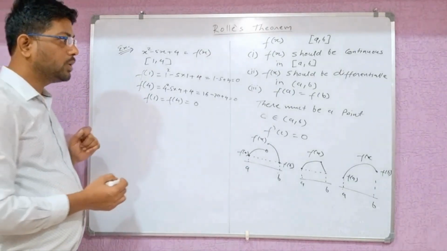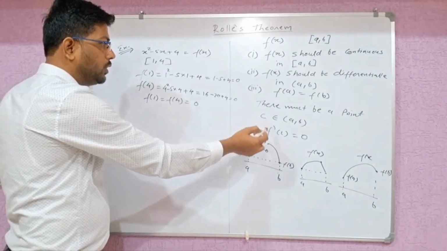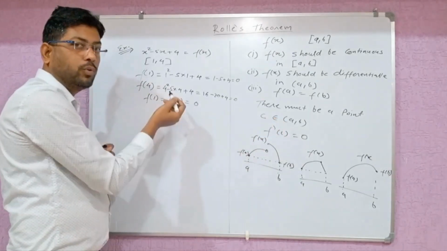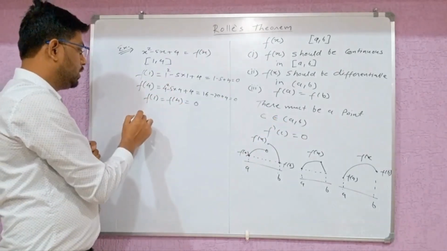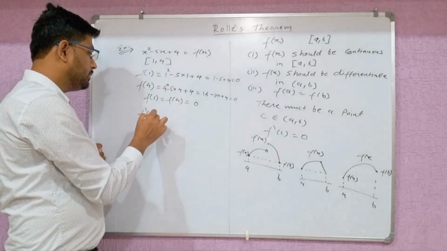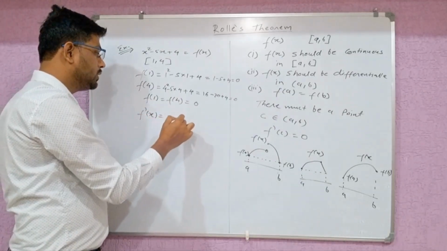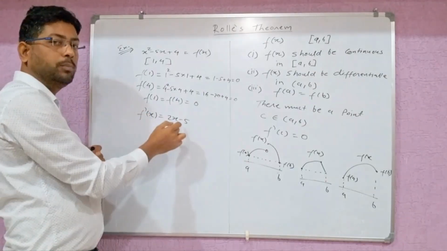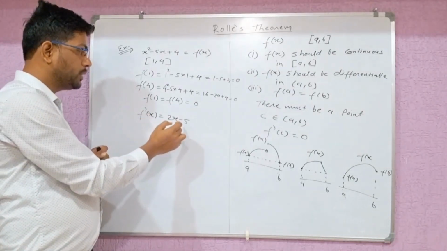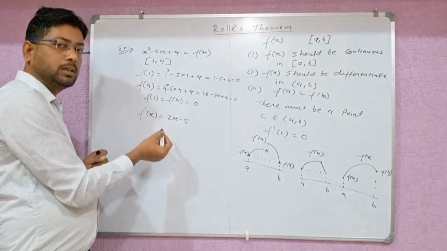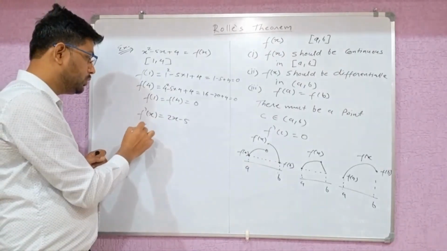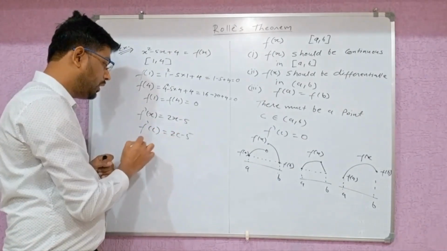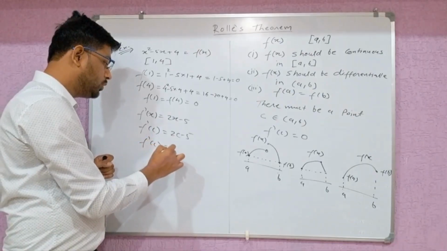So according to Rolle's theorem, there must be a point C. So let's check if this point C is there in this interval 1 to 4 or not. So f dash of x will be 2x minus 5, that is the differentiation of this f(x). Let's suppose that point C, so f dash of C will be 2c minus 5, and f dash of C is equal to 0.